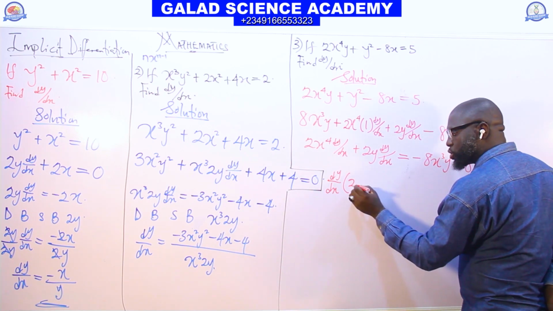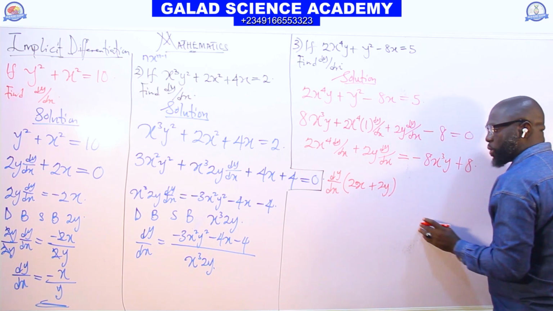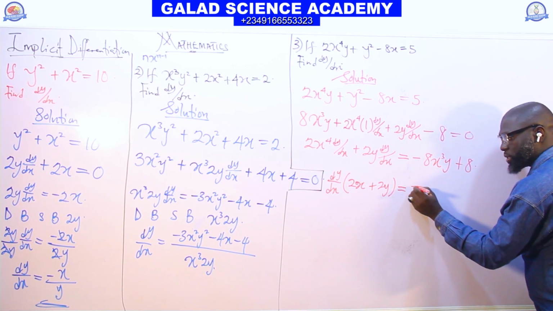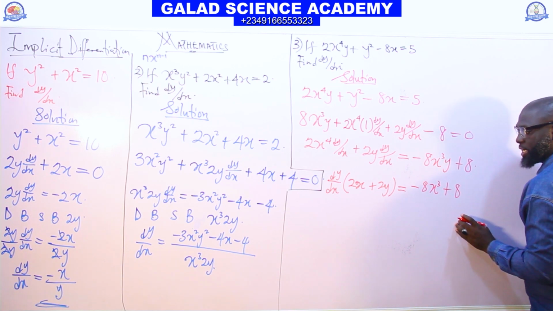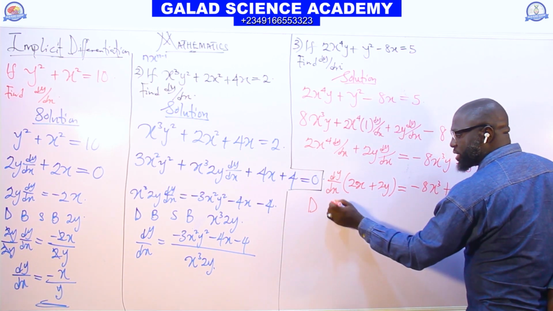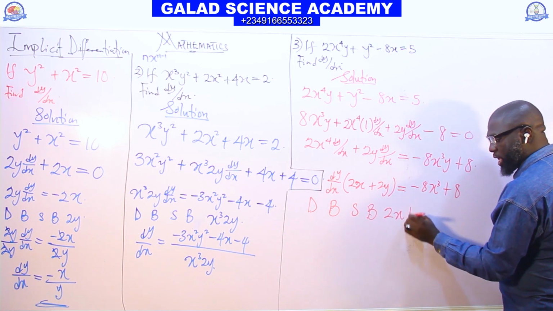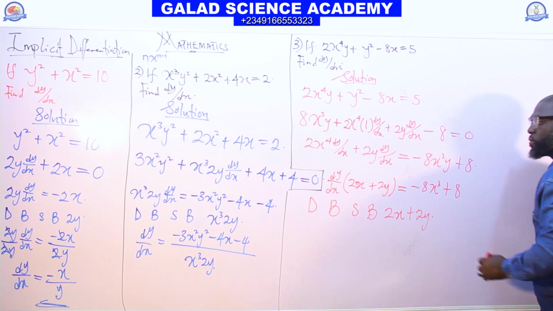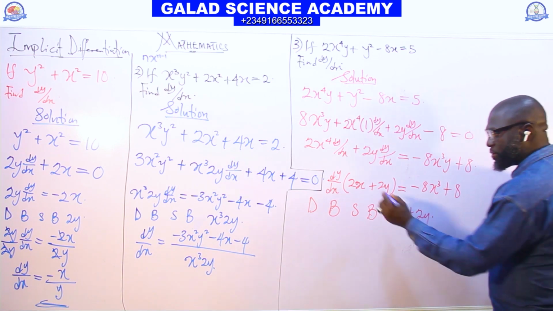Here we have 2x plus 2y. The next thing will be minus 8x plus 8. Divide both sides by 2x plus 2y.